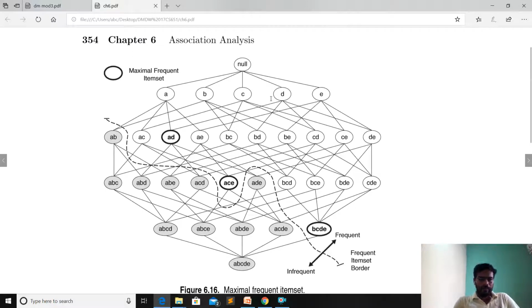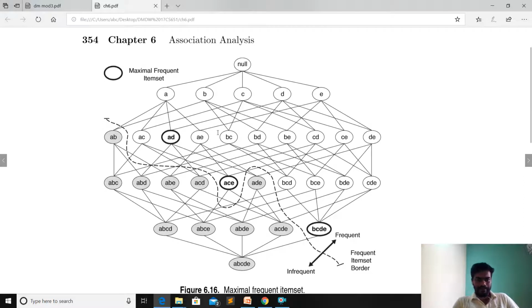So here we have null, A, B, C, D, E. By combination we get AB, AC, AD, AE, BC, BD, BE, CD, CE and DE. Then the combinations of all these, ABC, ABD, ABE, ACD, and so on. Here we have drawn a border called the frequent item set border, which separates the item sets that are frequent from those that are infrequent.